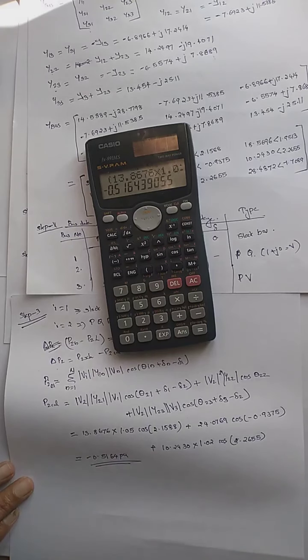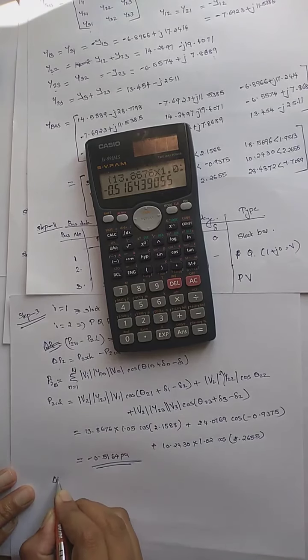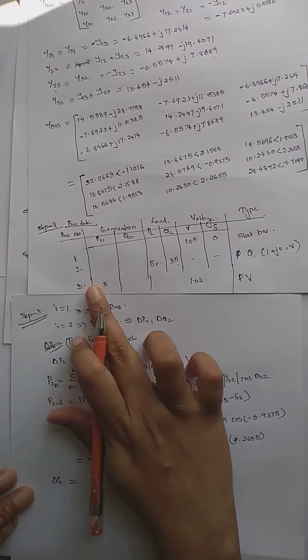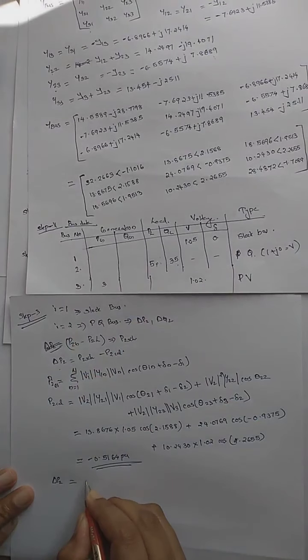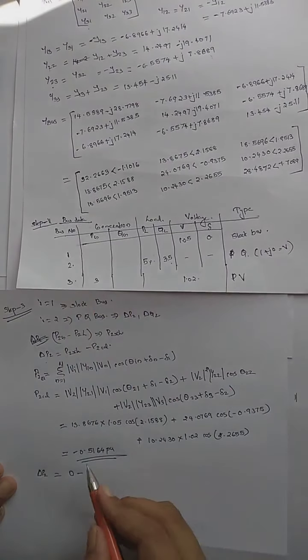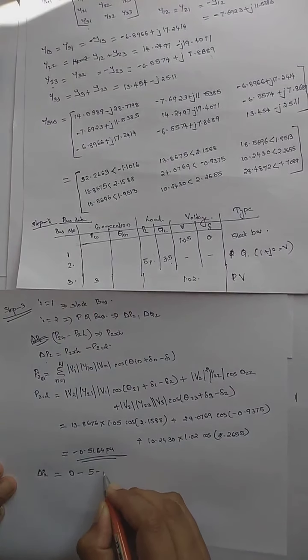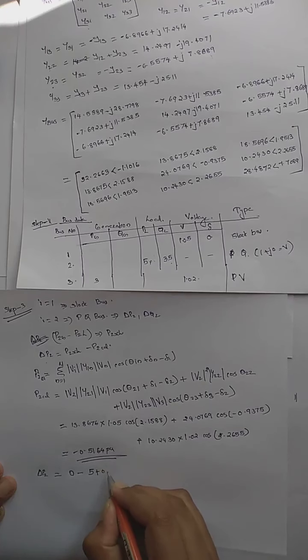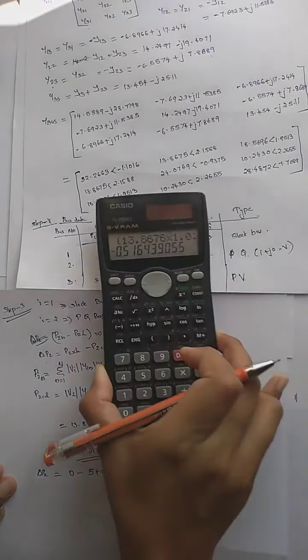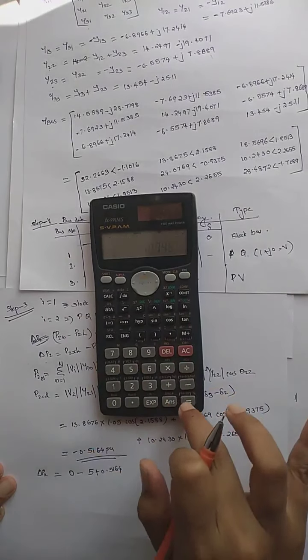So then how will I find out my delta P2? Delta P2 is equal to, what is my P2 value? Is there any P2 generated? No. P2 generated value is 0 minus P2 load. P2 load is 5 minus 0.514, that is plus 0.5164. So what I am doing is I am just plusing 5.